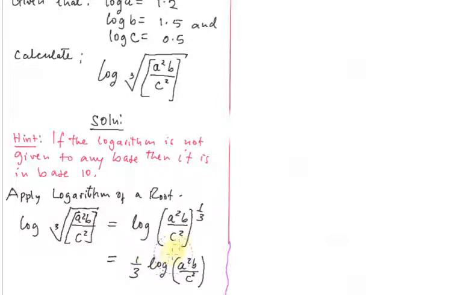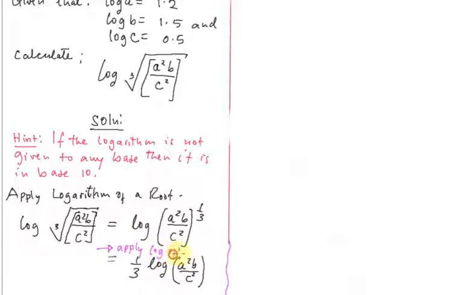Now, from here, we apply the logarithm of a power. The second step is to apply the logarithm of a power to drop this 1 over 3 to the other side. So after applying the logarithm of a root, we apply the logarithm of a power. We drop it down, and then we end up with something like this.